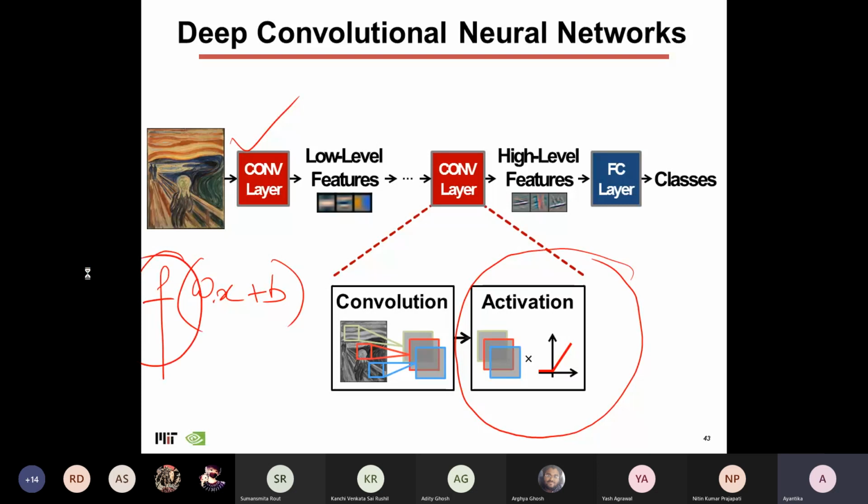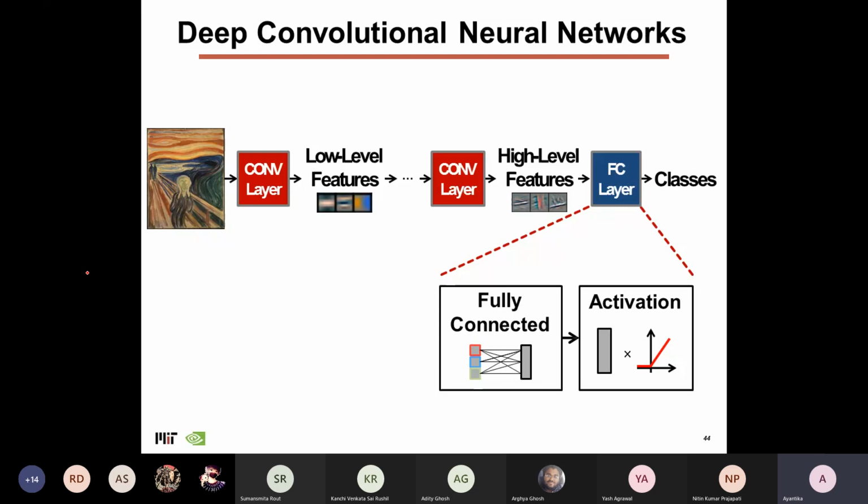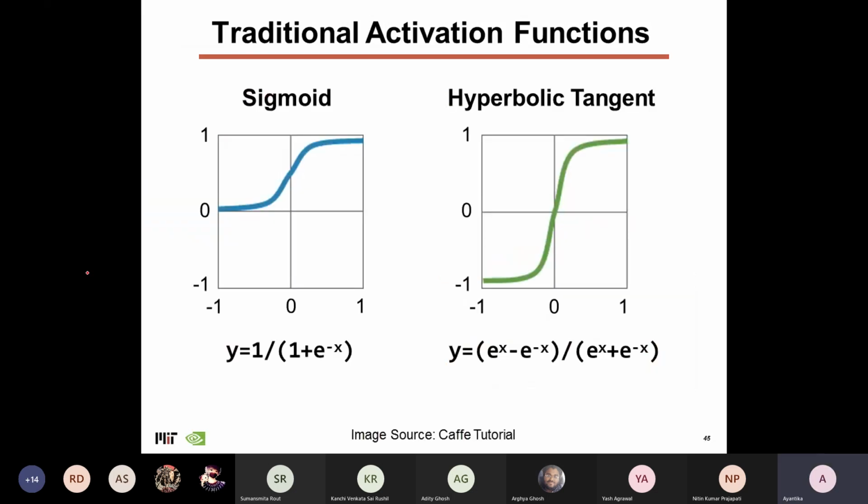Now why are these activation functions required? We will come to the fully connected layer later. First, we will just mention what types of activation functions you have, and then we will see why we are considering this activation function.